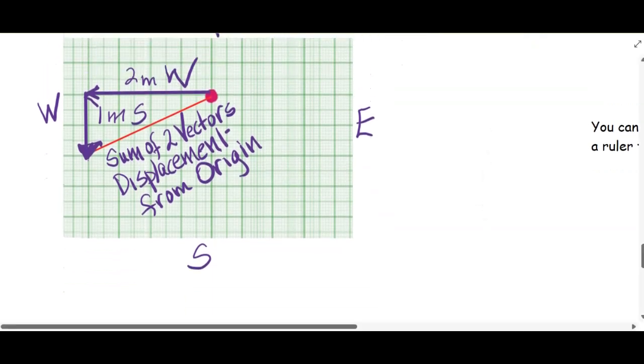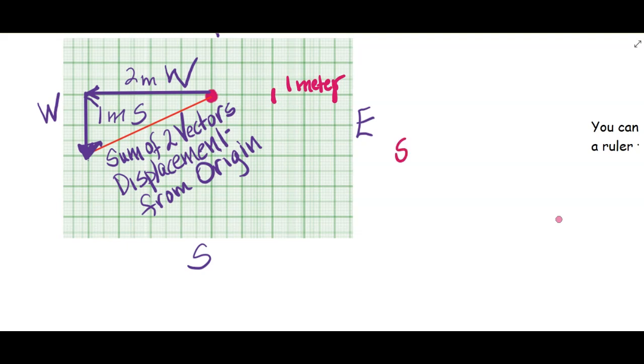So what I'm going to want you to do is measure the length of that vector. So remember, this length is 1 meter, all right, on our graph paper. So that will help you take the centimeter reading to create a scale. So at the end you'll say the scale is 1 meter equals, and you'll measure with your ruler what that distance actually is.